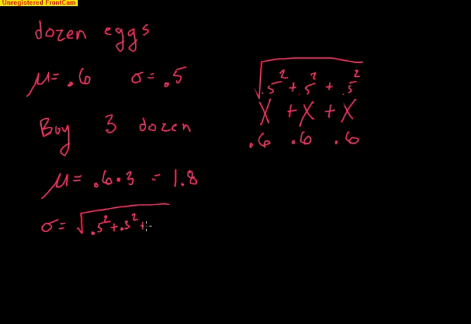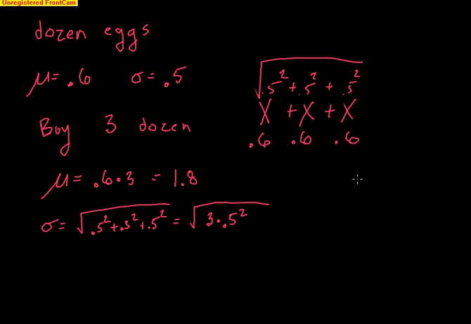So that's my 3 dozens, and 0.5 squared is the variance for each. Or if you want a shorter way, you could do 3 times 0.5 squared, because that's essentially the same thing. So the square root of 3 times 0.5 squared is 0.87. So that would be my standard deviation.